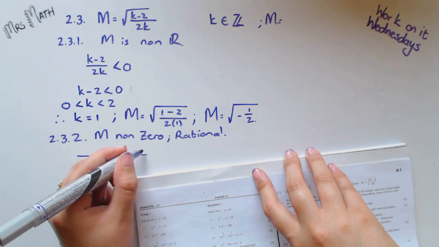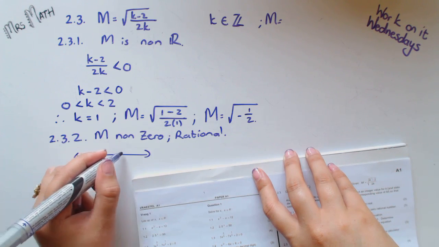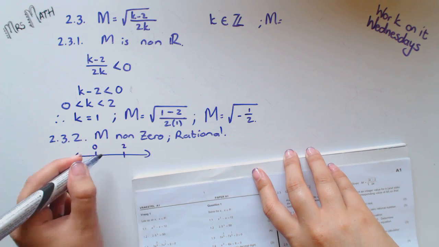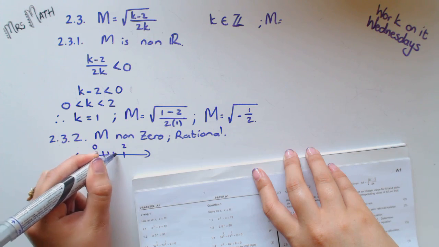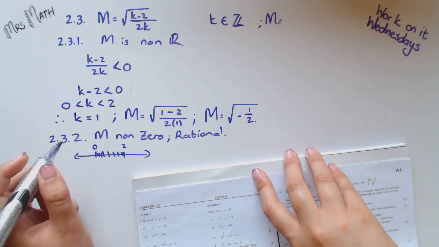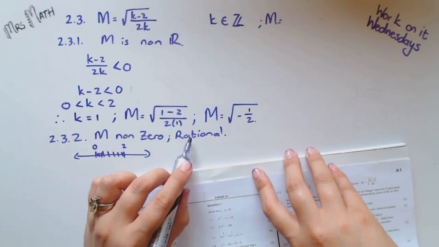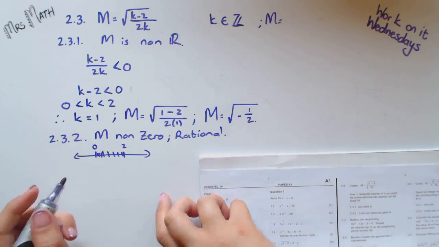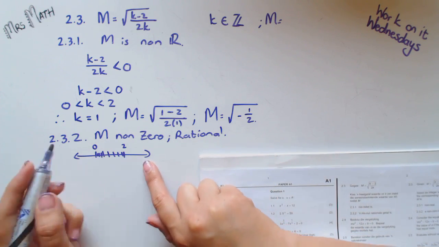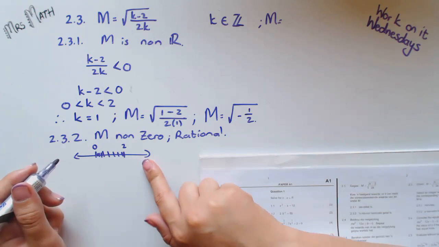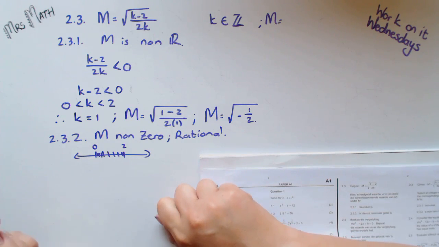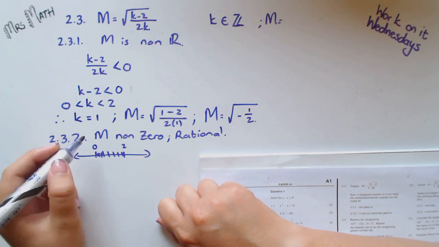If I look at a number line, if k is between 0 and 2 there, it's non-real. So I can't really make that k. But for it to be rational, I need to pick numbers outside of this. So any number bigger than 2 or smaller than 0, I can pick.